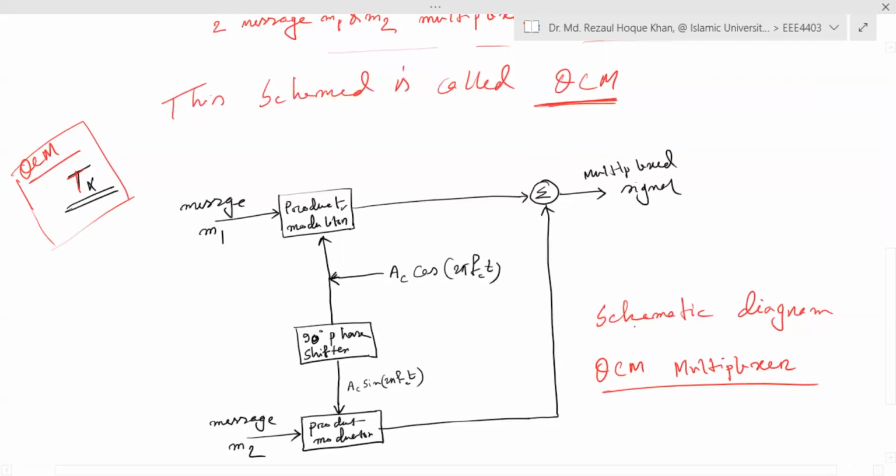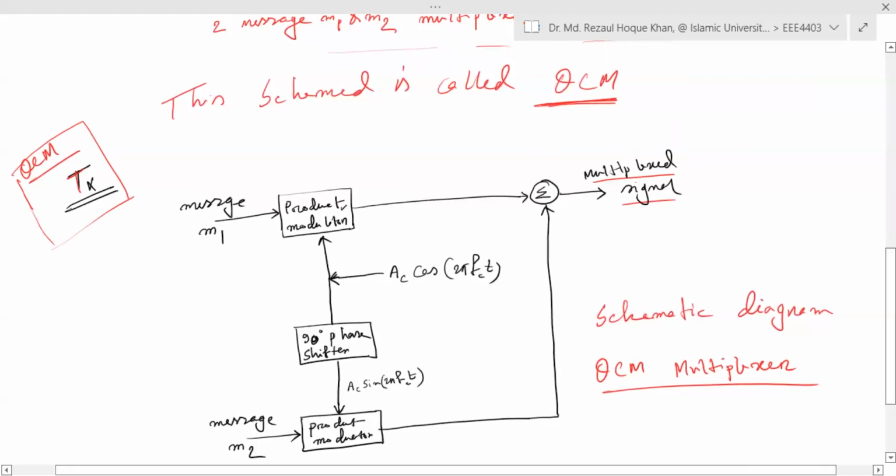Okay, now we have multiplexed this signal and we transmit this signal. So how do we demodulate or demultiplex it?